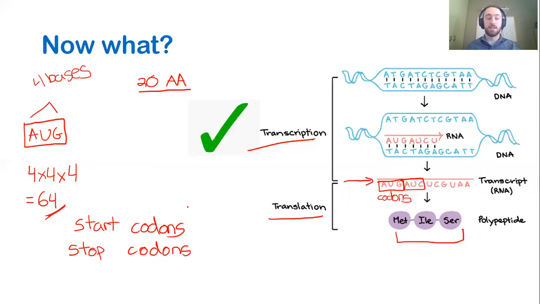And as the name suggests, translation is going to begin at the start codon and terminate at the stop codon. However, that doesn't account for all 64. So more than one codon could code for the same amino acid. We could have, let's say, 3 or 4 different codons for an amino acid.